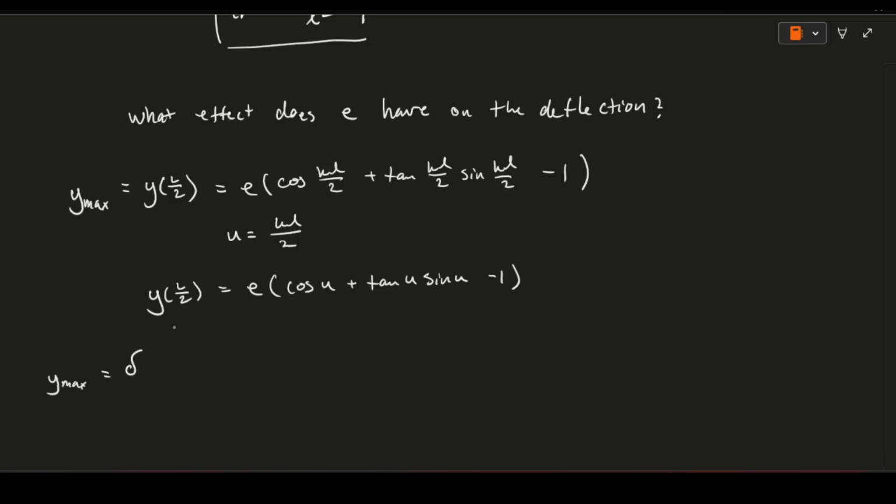It's not the variational operator, but the maximum deflection delta. That's equal to e cosine u plus tangent u sine u minus 1.